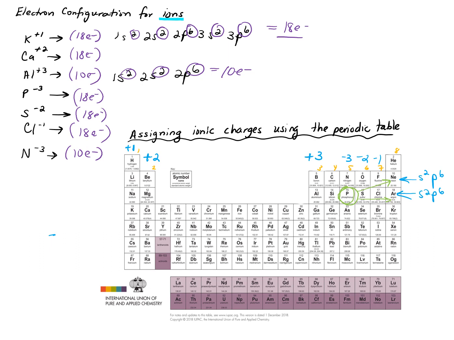Now, group 4, we're not going to assign a charge using the periodic table for group 4. I'm going to give you just one example. If you check carbon, the atomic number for carbon is 6.